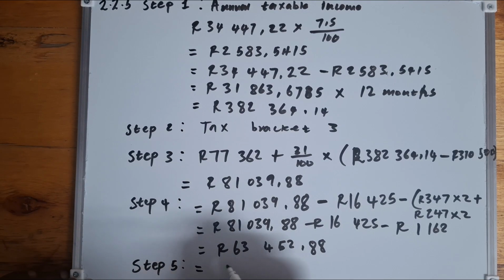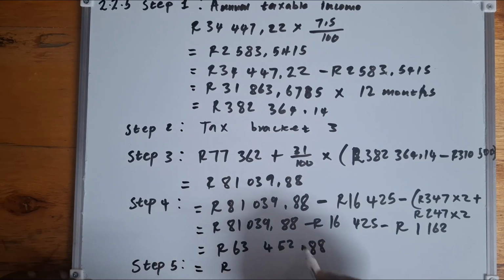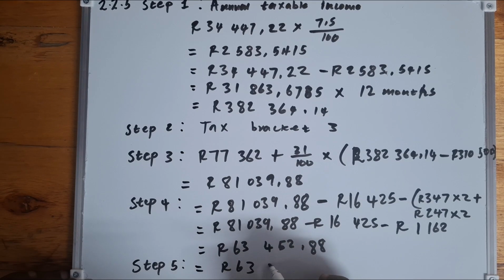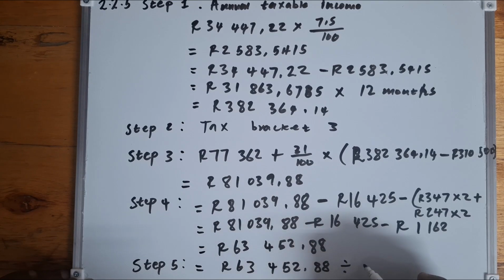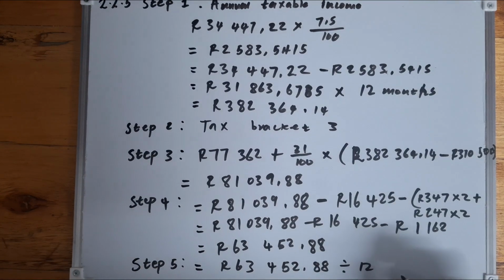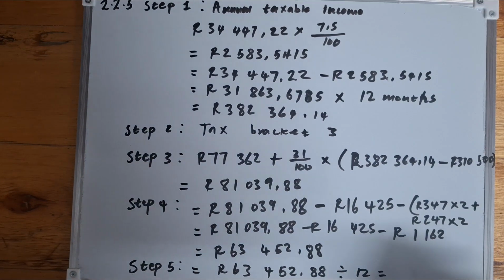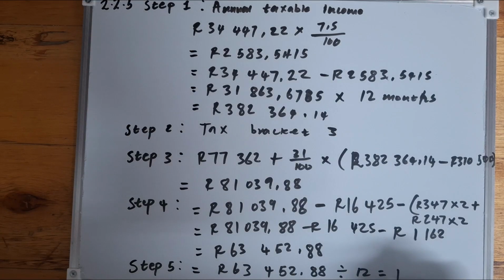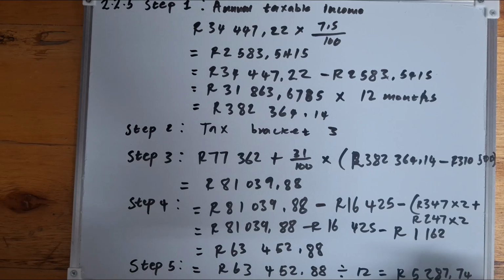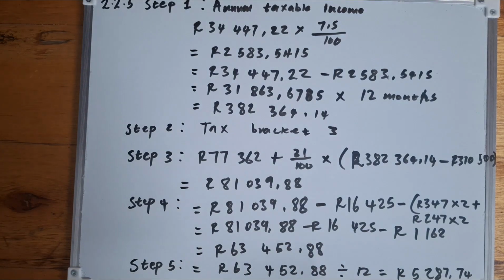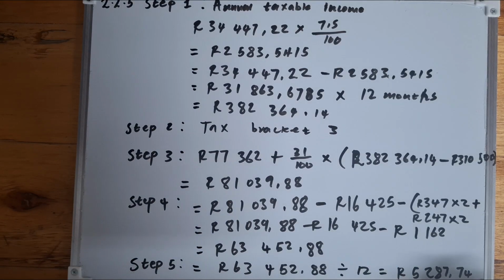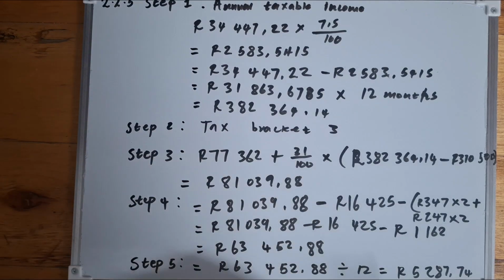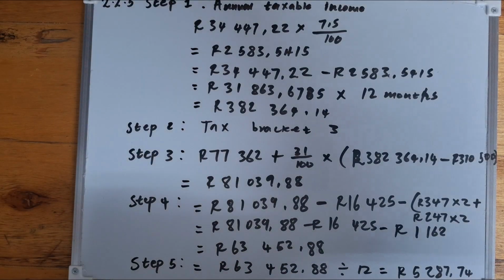So we're just going to say our tax, and we divide it by 12 months to get our monthly tax, which is just going to give us 5,287 and 74 cents. So this is the amount of tax that Chloe pays per month.